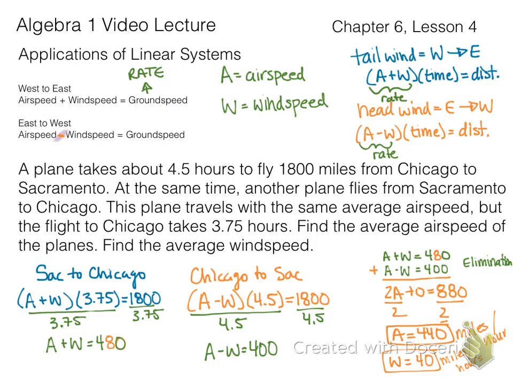So instead of traveling just 440 miles in 1 hour, the plane going from Sacramento to Chicago is really going 480 miles per hour because the tailwind has helped them go that much faster. Now, the plane that took off from Chicago heading to Sacramento is really only flying at 400 miles per hour because the headwind is fighting that plane 40 miles per hour and decreasing its speed, its ground speed.